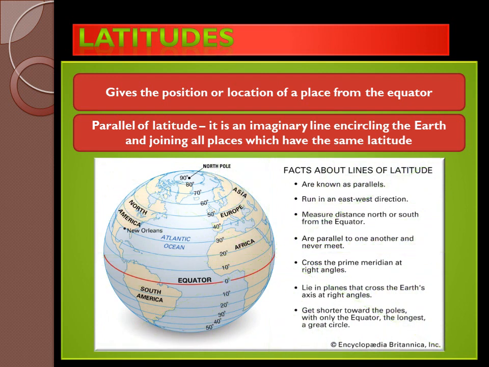Now, what is parallel of latitudes? Parallel of latitude is an imaginary line encircling the earth and joining all places which have the same latitude.